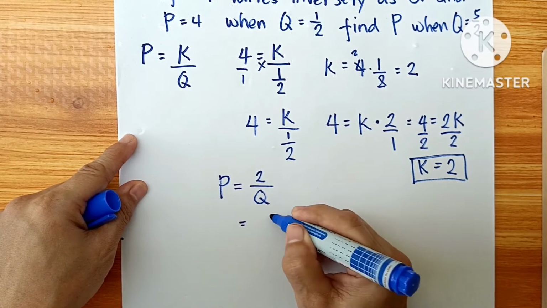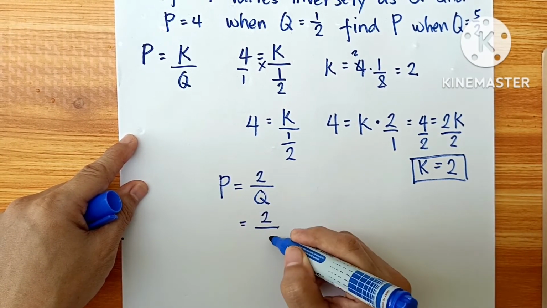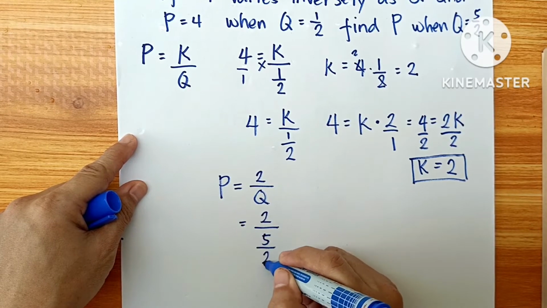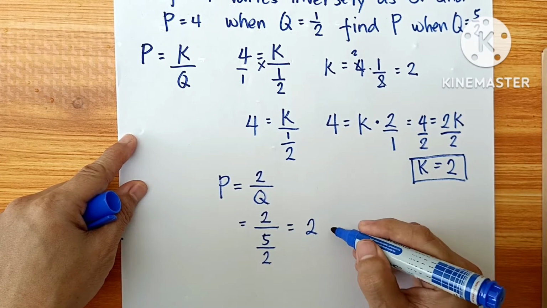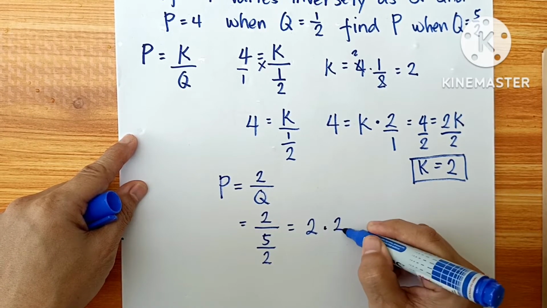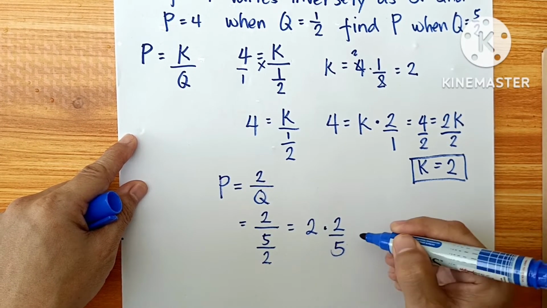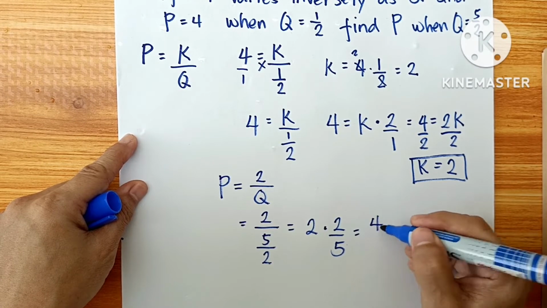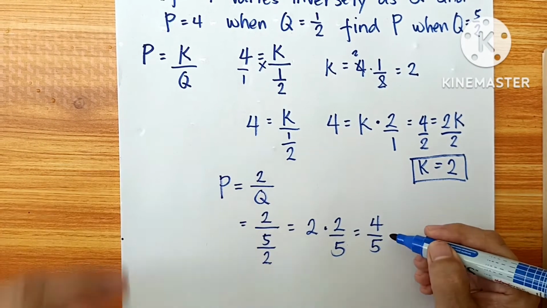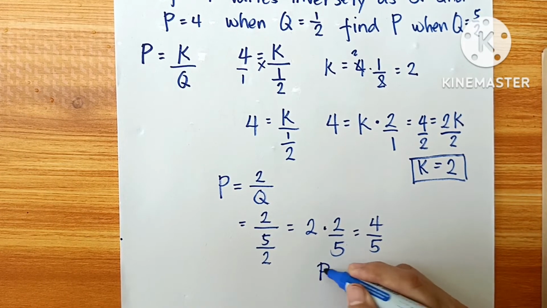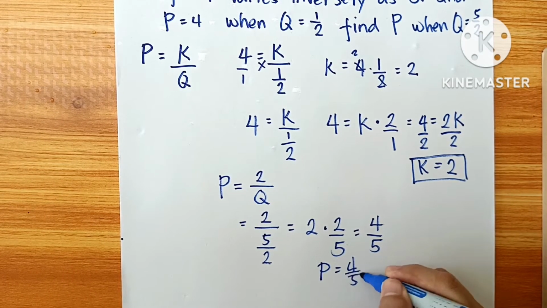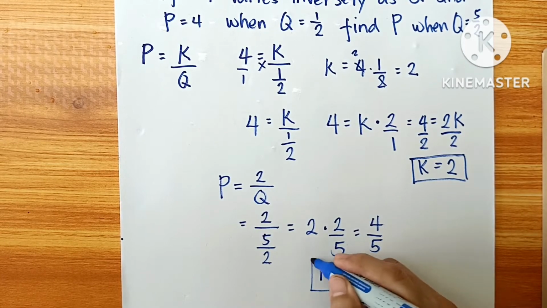P is equal to 2 over 5 over 2, which is equal to 2 times the reciprocal of 5 over 2, which is 2/5. Therefore, the final answer is 4 over 5. So P is 4/5, and we are done. It's that easy.